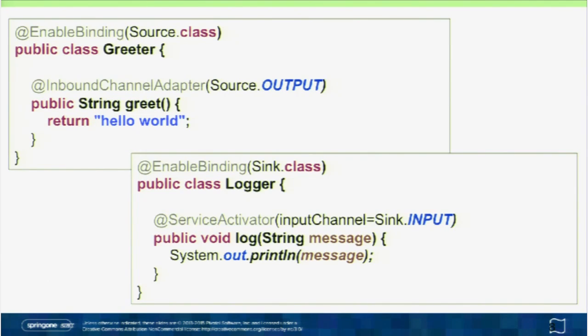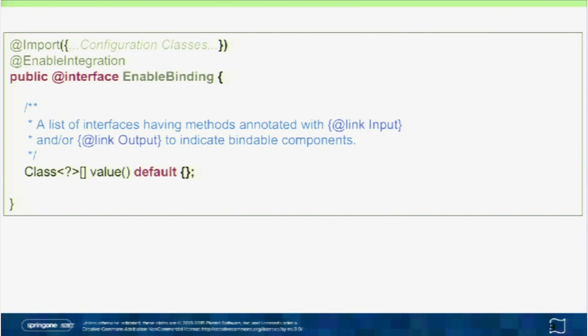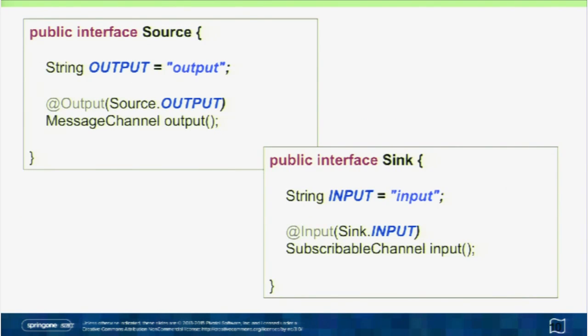The source itself, I'll come back to that slide in a moment, but this just shows you what the source is actually providing. It's just a message channel interface, right? So it's similar in some ways to the Spring Data repository support, where you implement an interface, and then the underlying Spring code will provide a concrete implementation of that for you that you can use in your code, and you just inject it in.